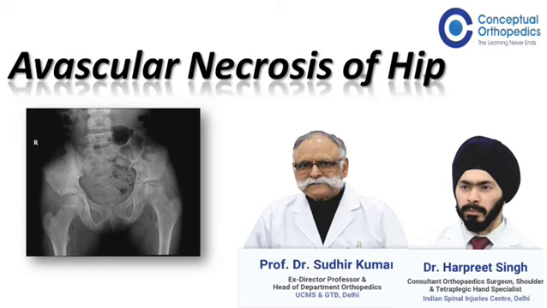Then extend both the hip joints, and where it stops getting extended is the flexion deformity in either hip. So this is what we call the Stele prone test, which needs to be done in these patients to demonstrate fixed flexion deformity in bilateral hip joints.